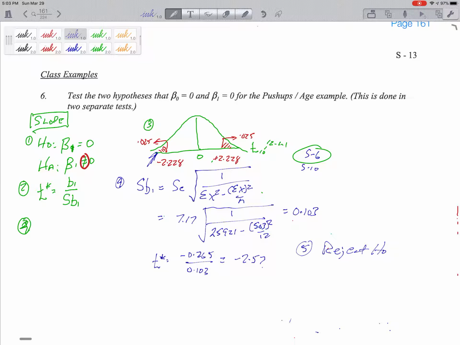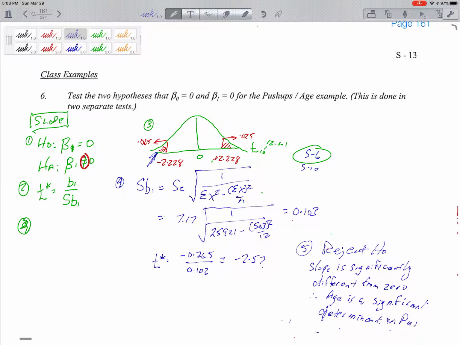It's significantly different from 0, in this case negative. And therefore, that age is a significant determinant of the number of push-ups that a person can do.